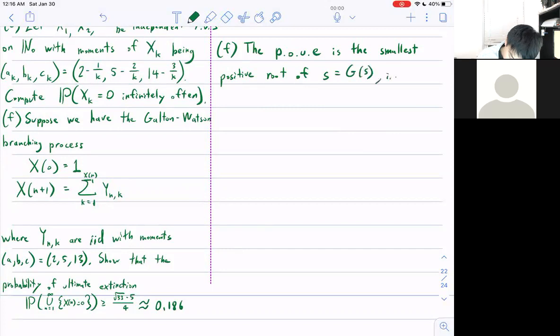So in other words, it's the smallest positive fixed point of g(s).